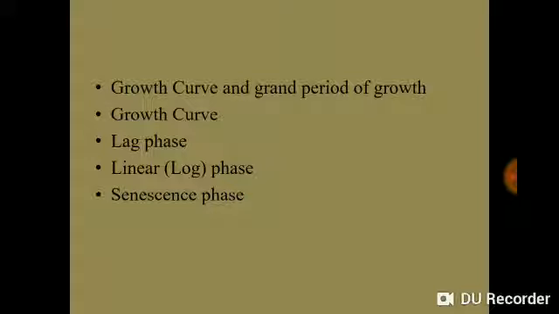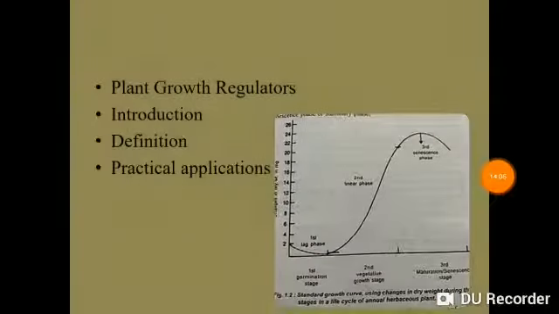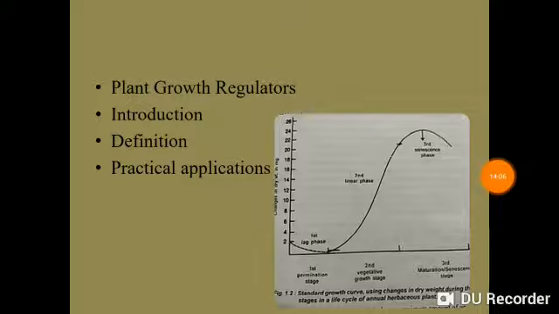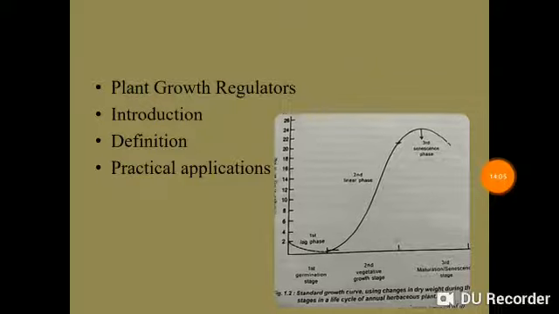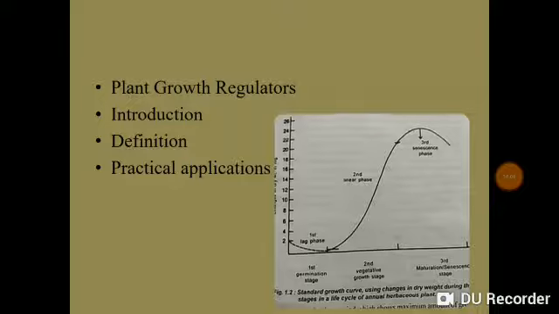Later on, these cells develop into mature tissues of the plant body. The differentiation and maturation of cells and formation of tissues depend on internal as well as external factors like nutrition, hormonal and genetic factors.